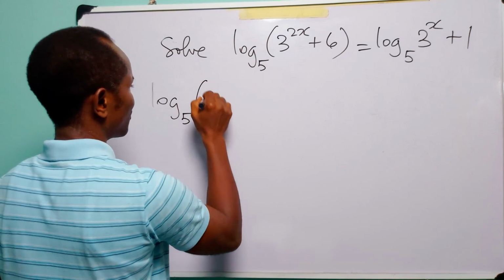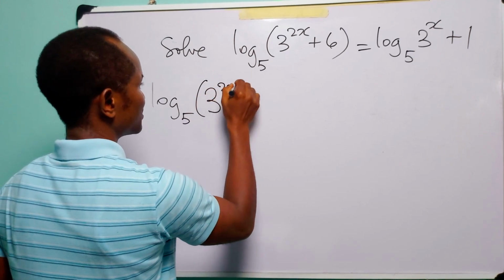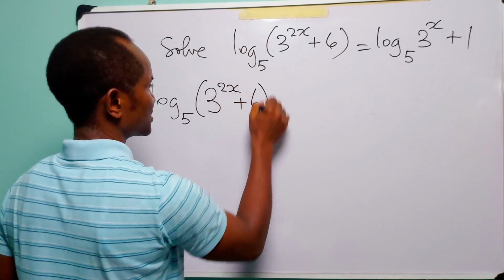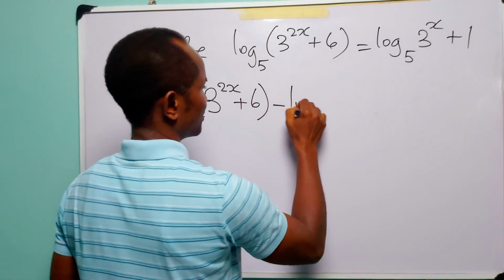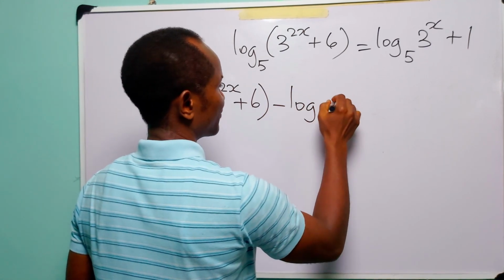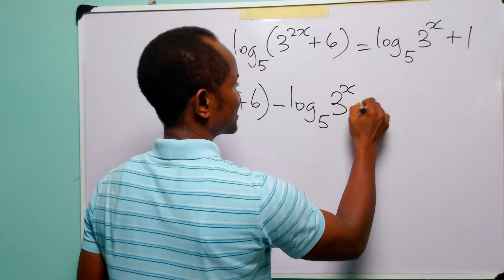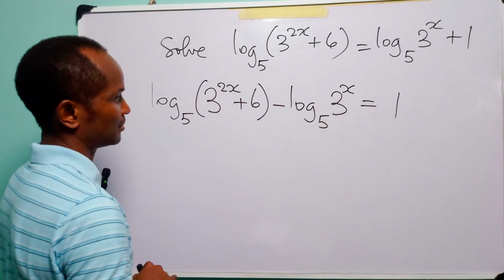log to base 5 of 3 to the power 2x plus 6 minus log to base 5 of 3 to the power x is equal to 1.